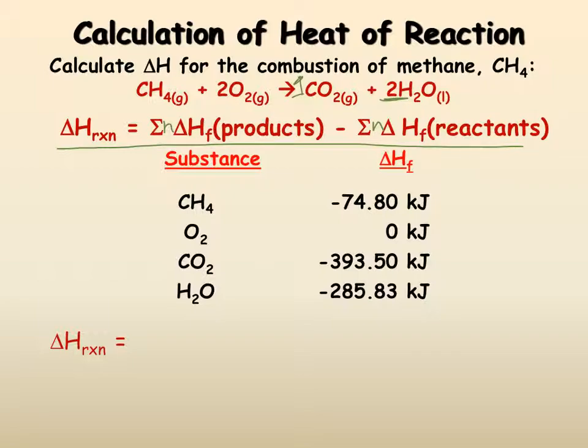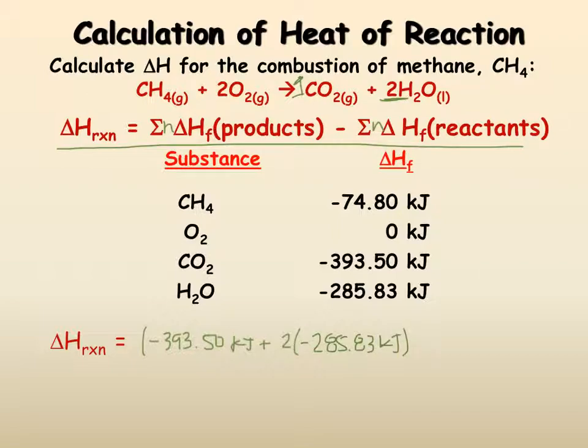But my products are going to be the negative 393.5 kilojoules plus my water, which does have a multiplier, so it's going to be 2 times your negative 285.83 kilojoules.